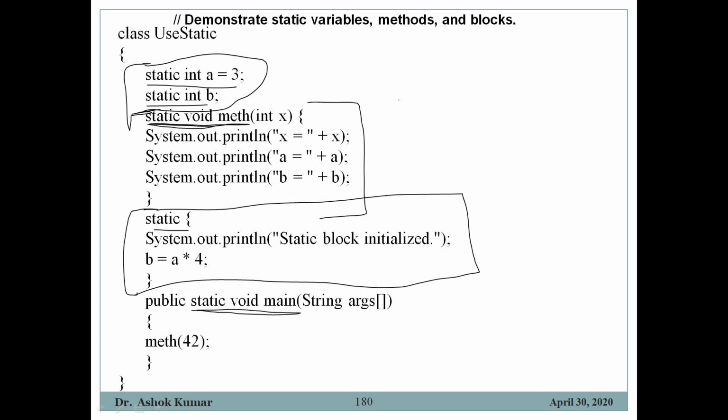The class loader module of the JVM loads the class or the bytecode into the memory. So this static block gets executed when the class is loaded into the memory.